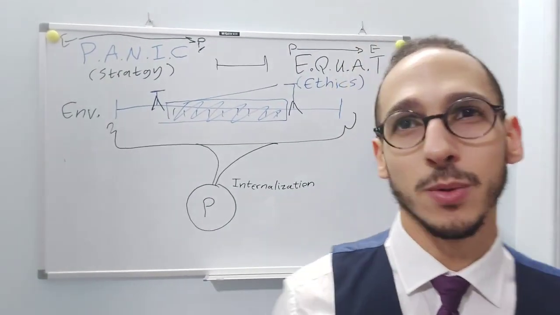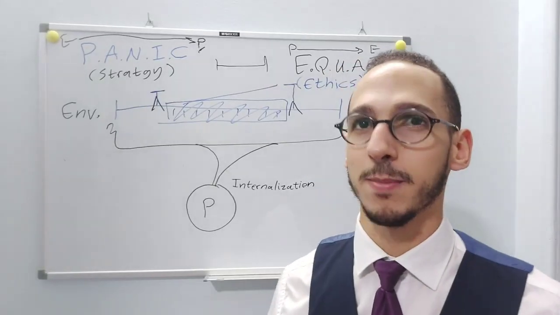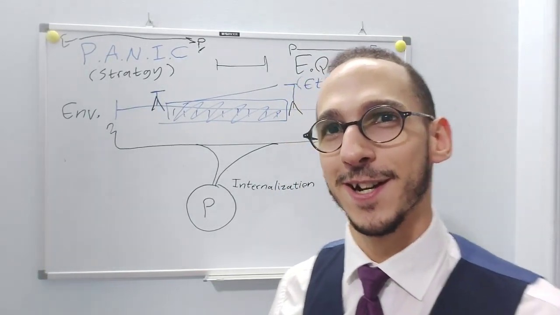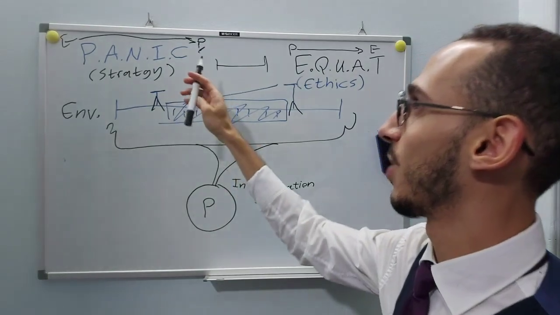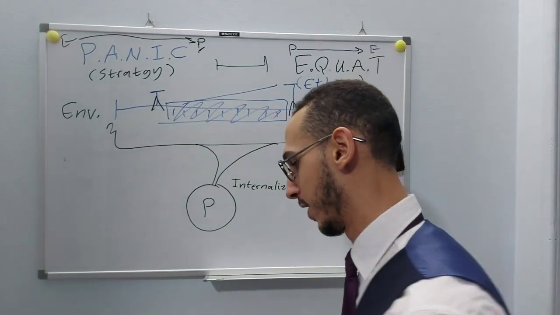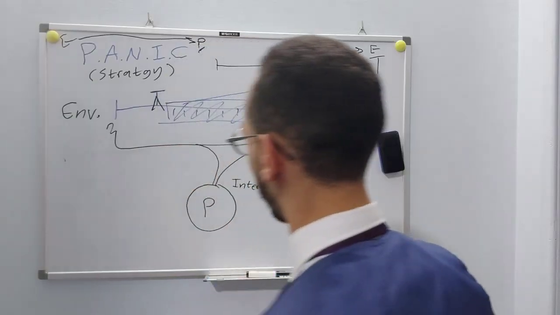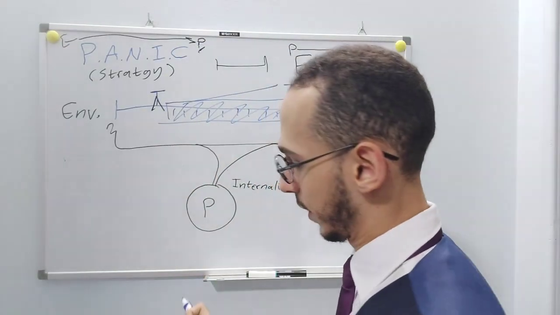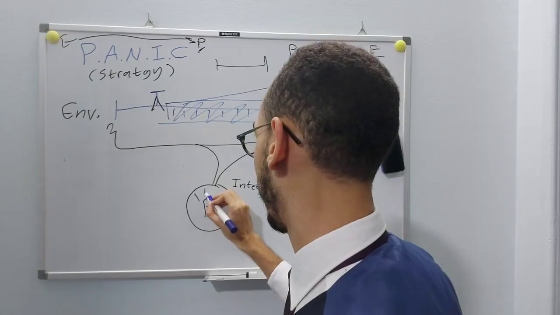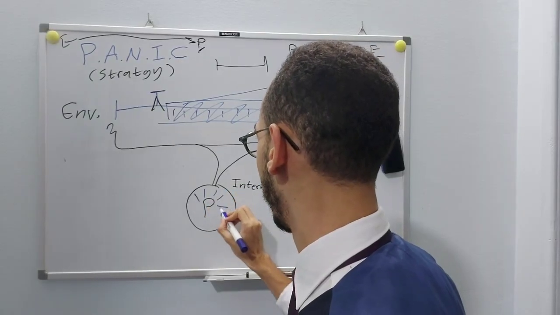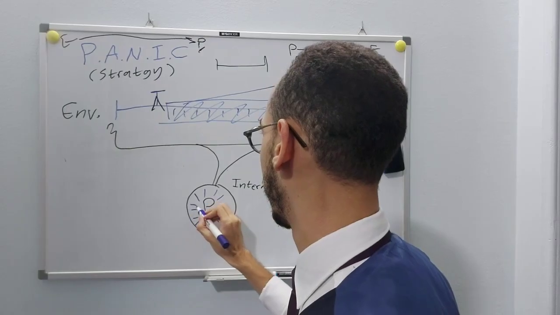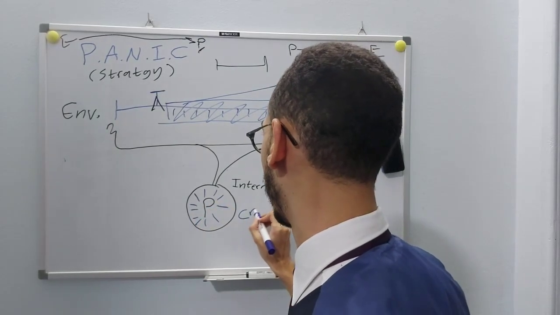Which leads us to the final stage of the P.A.N.I.C model. Thank God we're at 30 minutes here. Which is crystallization. This is simply the internalization having been reinforced enough in somebody to a point where their faith is affected and the state becomes crystallized.